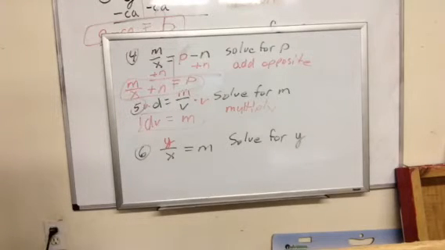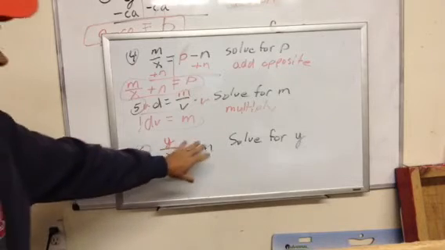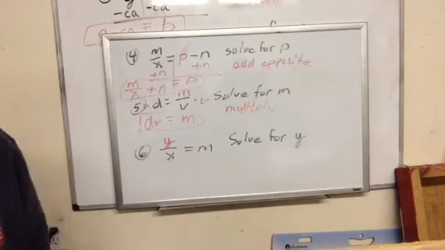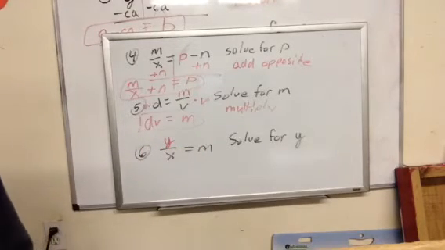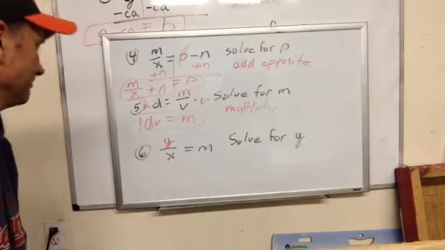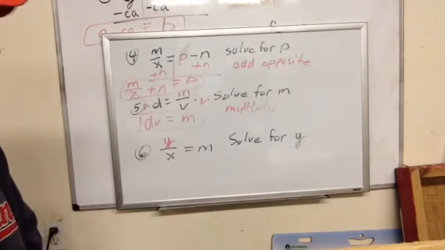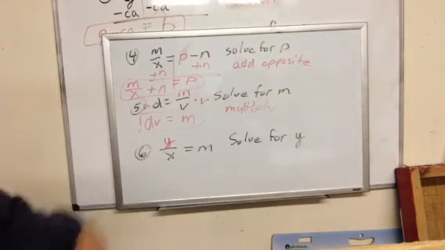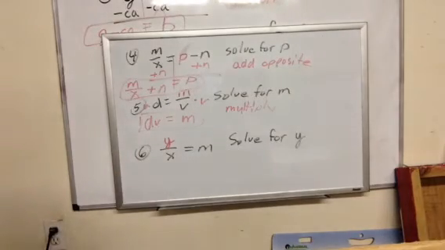And then the last one. These letters, x and y and m, we're going to start working with these in the not so distant future when we start talking about linear equations. This one we're going to solve for y. Think about it. How are we going to get y by itself?